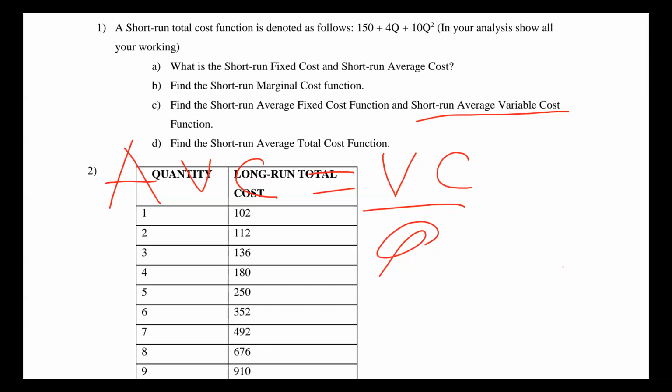These are the costs that can change anytime. For example, if they want to increase the production, they can be increased or changed, unlike the fixed cost.